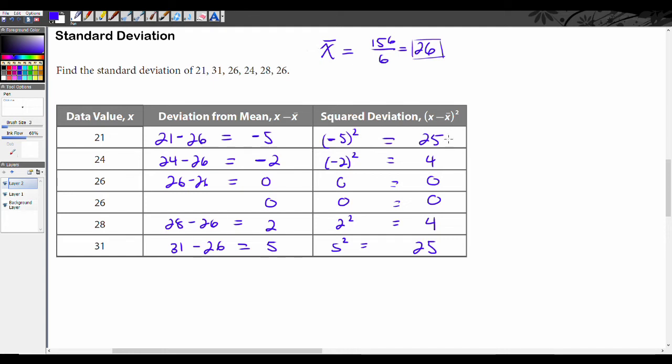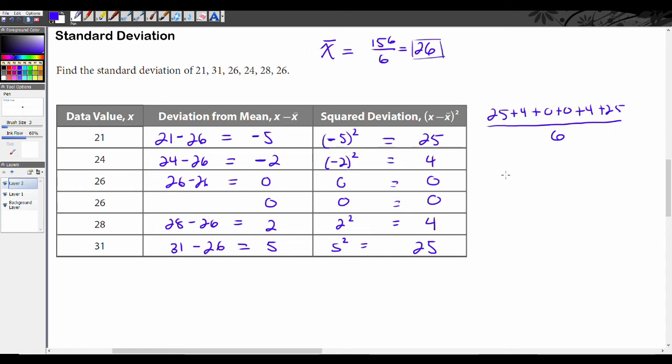So now we have a new set of numbers called the squared deviations. What we're going to do with those numbers is find the mean of these squared deviations. That means we add these together and divide by 6 again. So 25 plus 4 plus 0 plus 0 plus 4 plus 25 divided by 6.